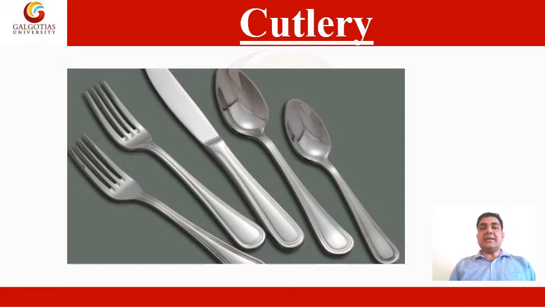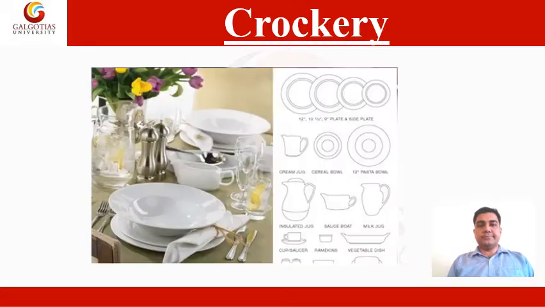So you need to understand this: whatever equipment is used for eating and serving purpose, and is unbreakable, specifically made of stainless steel, comes under cutlery. This is the simple way of learning this particular thing. So let's move forward to understand more.